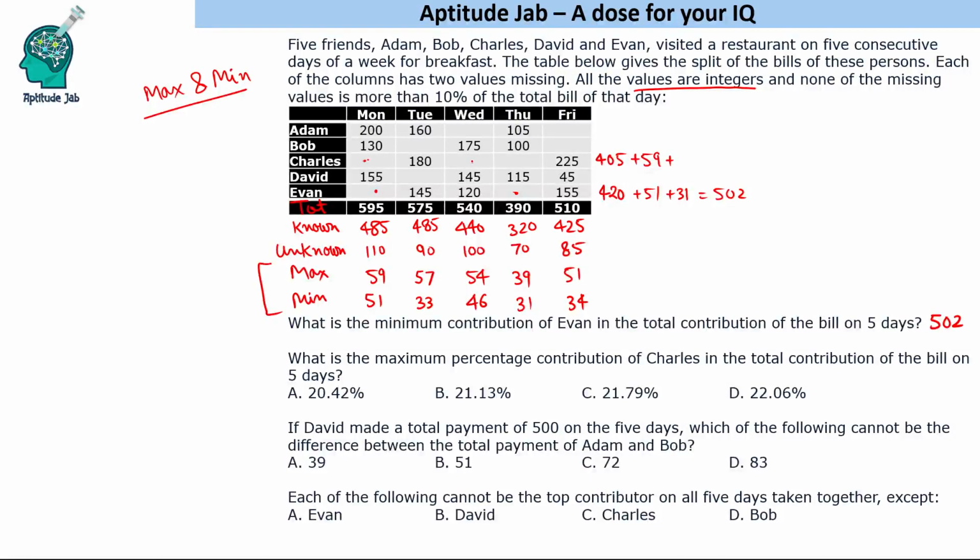If he contributes maximum here, he will contribute 54, and he will contribute 39 here. Okay, so 98, 152, that we will get as 557. Okay, so 557 is the maximum that he can contribute.